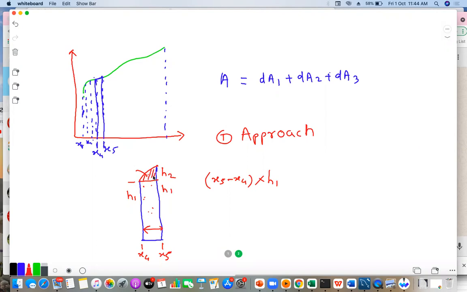And this area I am not taking into consideration. So whatever the shaded region is, that is my error. Here we have higher error.